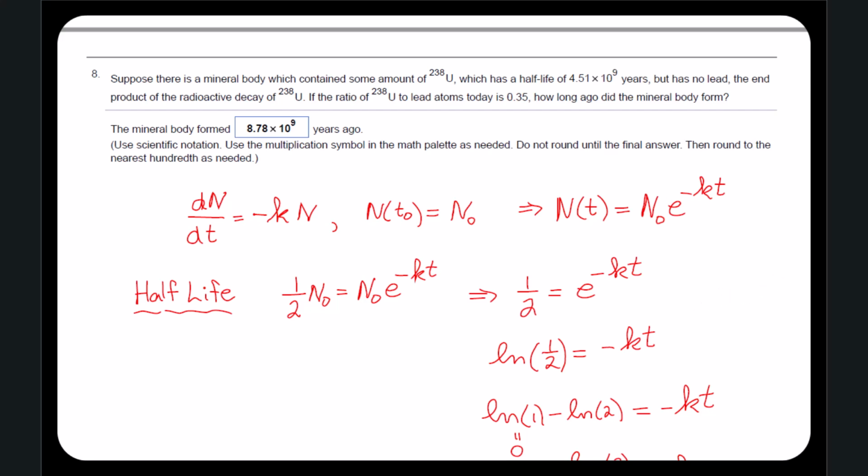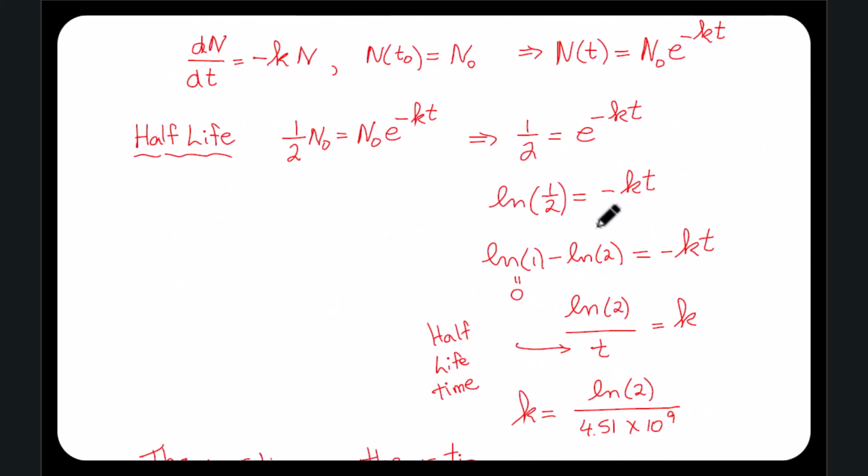If I use one of these properties of logs, the natural log of 1/2 is the same as the natural log of 1 minus the natural log of 2, but the natural log of 1 is 0. And so we can figure out what k is. What is that rate at which we are losing the uranium to radioactive decay?